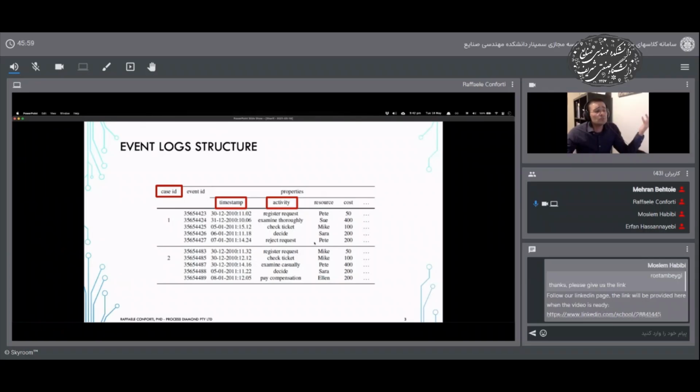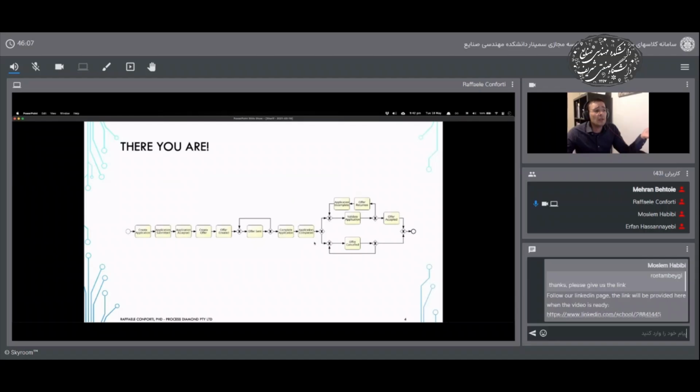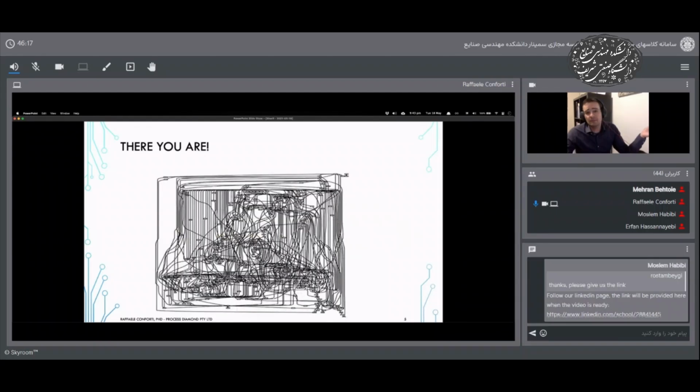In general, when we consider process mining, we see it almost as a black box. We feed in the event log, and magic, we get a process model as output. Or at least this is what we hope to obtain. In reality, often we get something like this. It's a mess where we have arcs going almost from everywhere to everywhere.